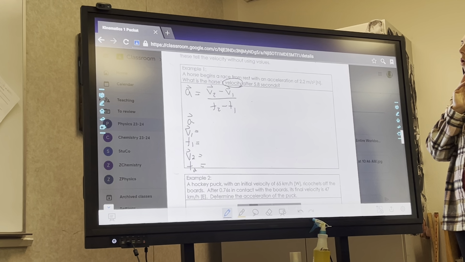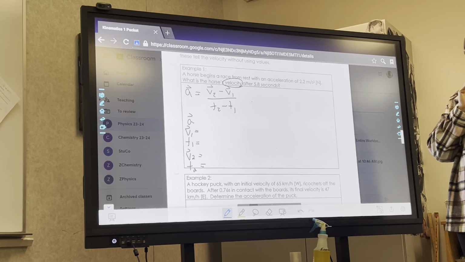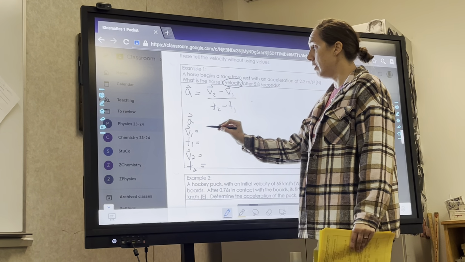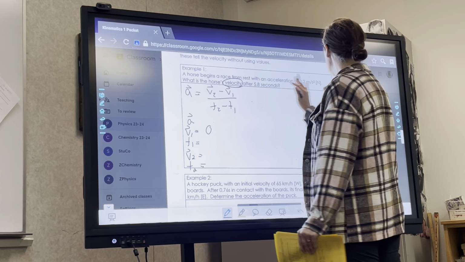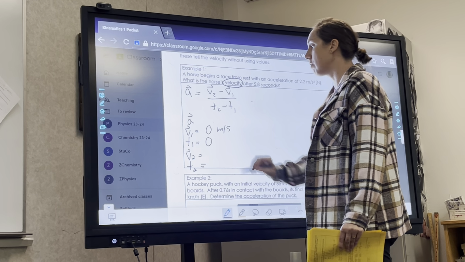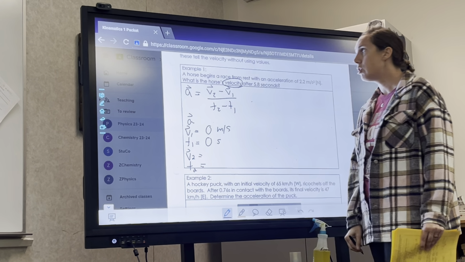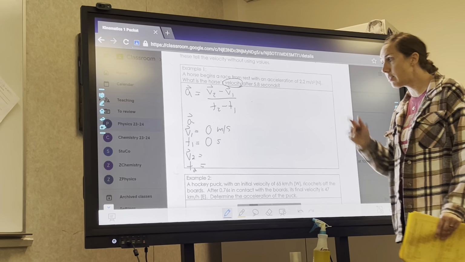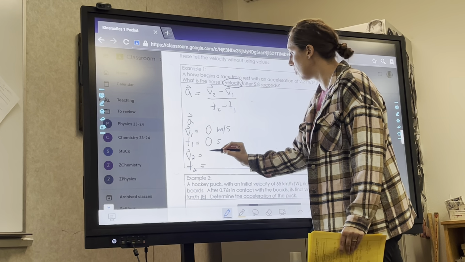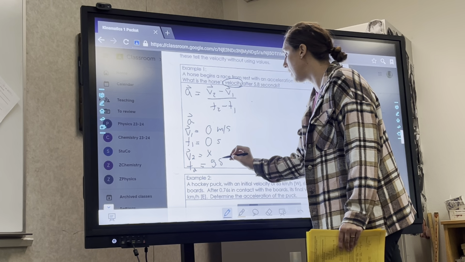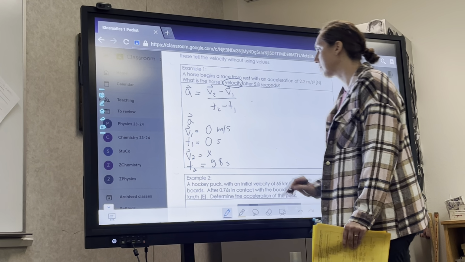A horse begins a race from rest. So if you're at rest, your velocity is 0 meters per second, and your time is 0 seconds, okay? Whenever something says at rest, it's 0, 0. So this V2 is our unknown after 5.8 seconds.